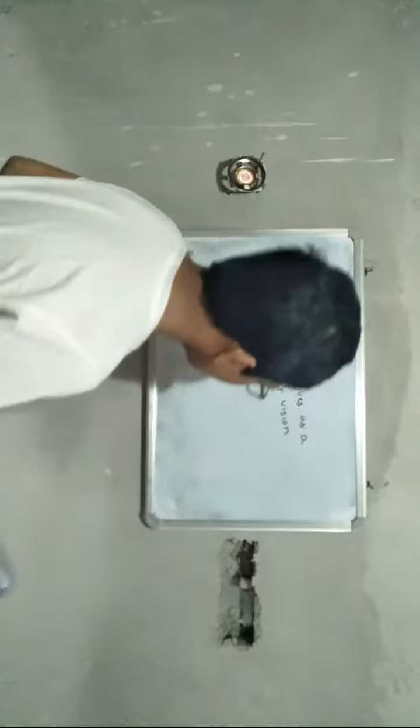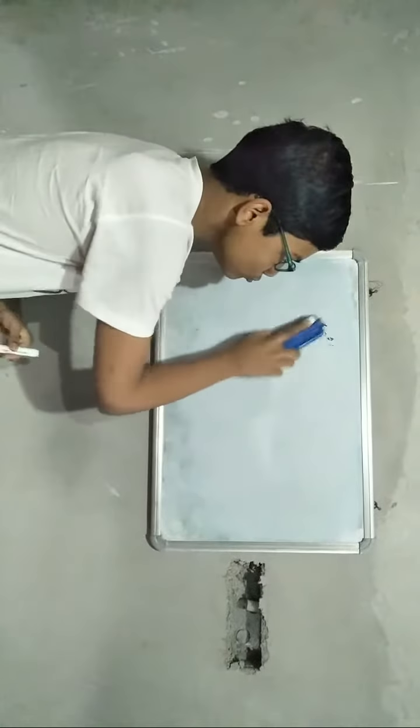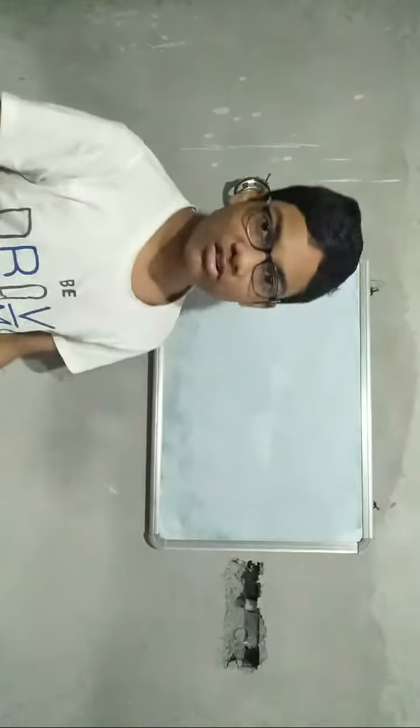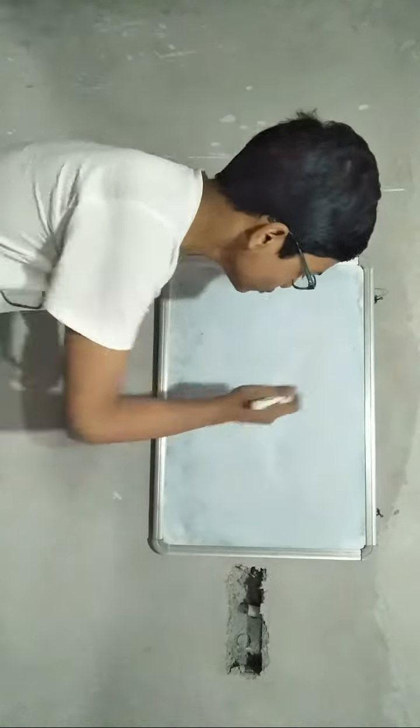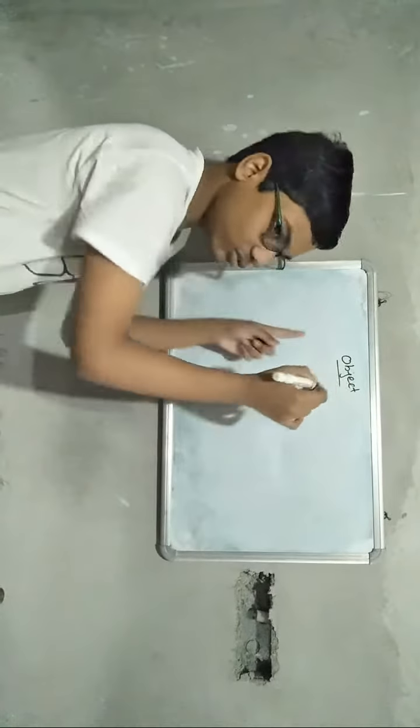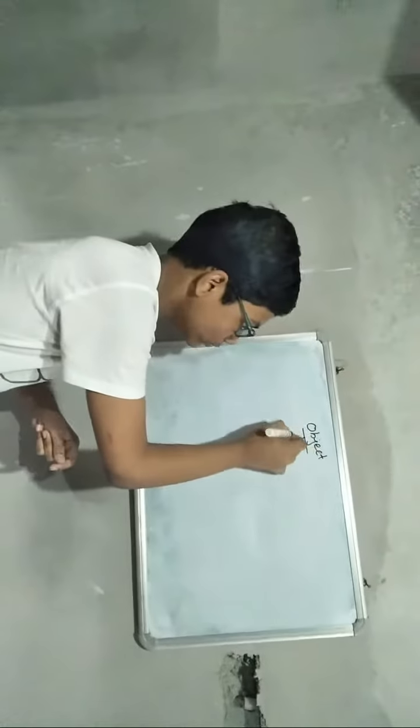So in light, two types of objects are there, depending on the emission of light. Objects depending on emission of light are of two types.